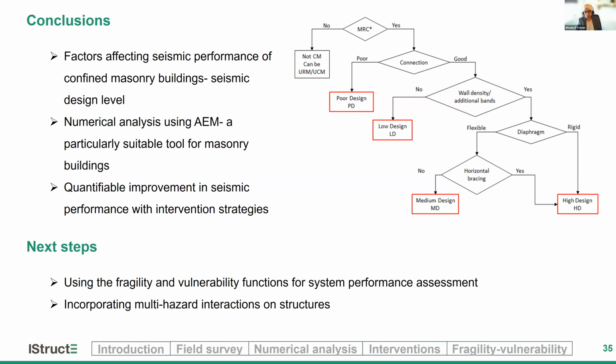So the performance and resilience of school education infrastructure comes into play, and this kind of physical assessment is really useful as an input to system performance assessment. Secondly, this is now also expanded to multi-hazard interactions on structures, such as frequent and annual flooding followed by seismic events.